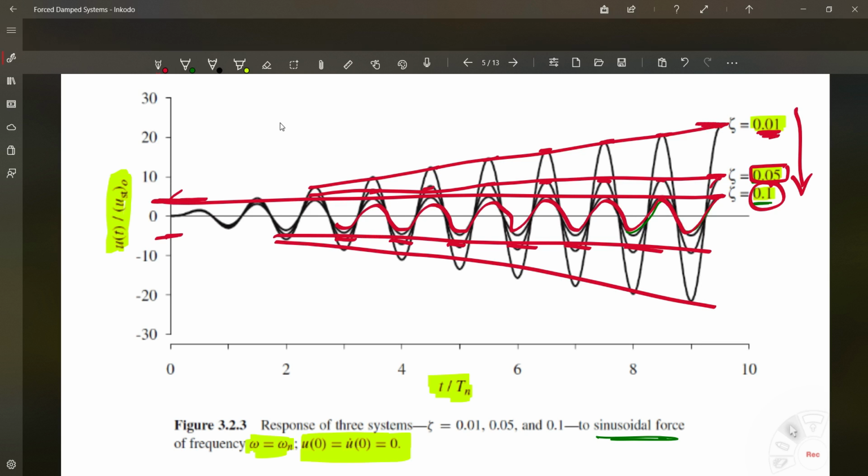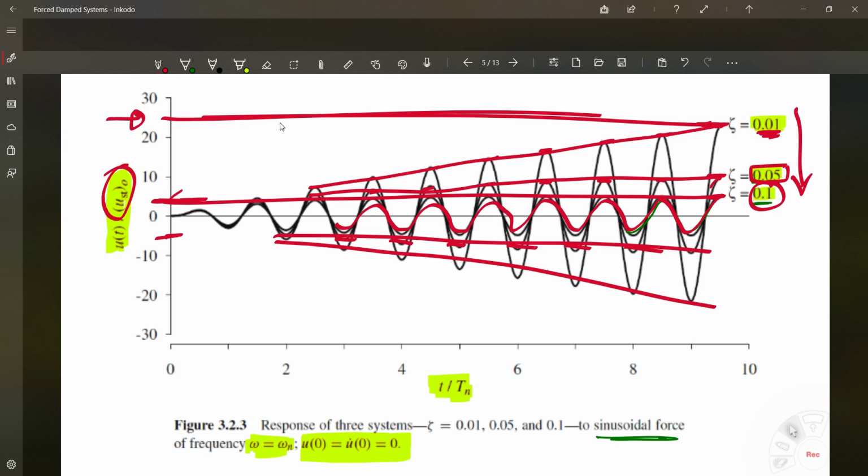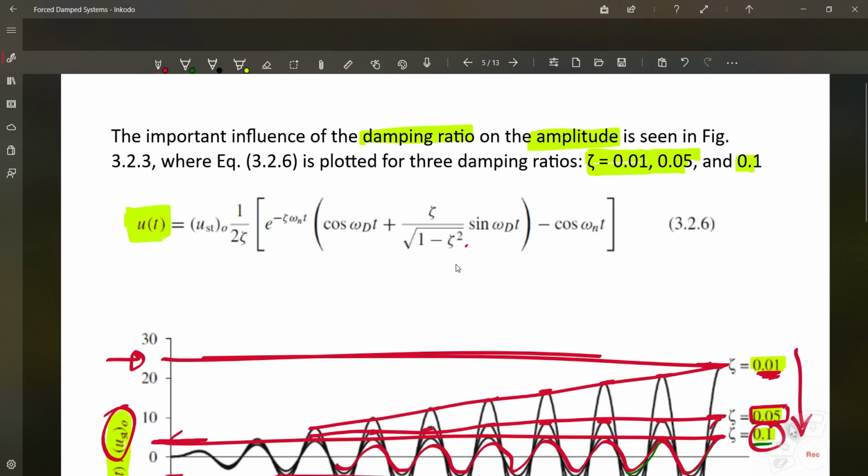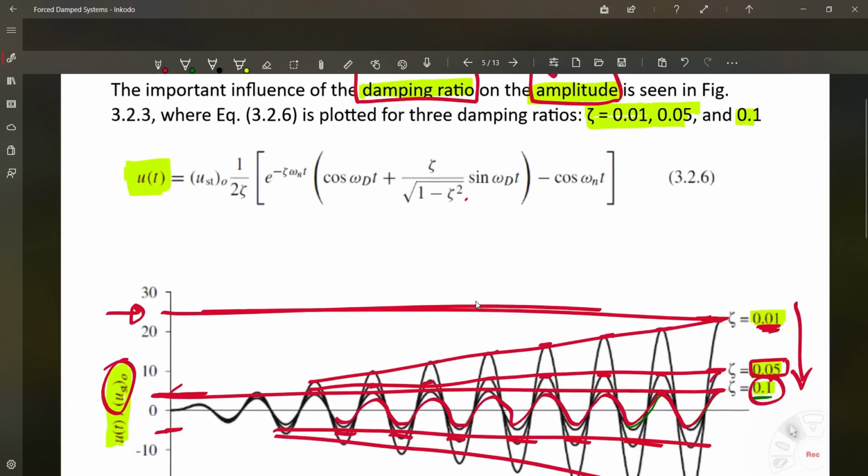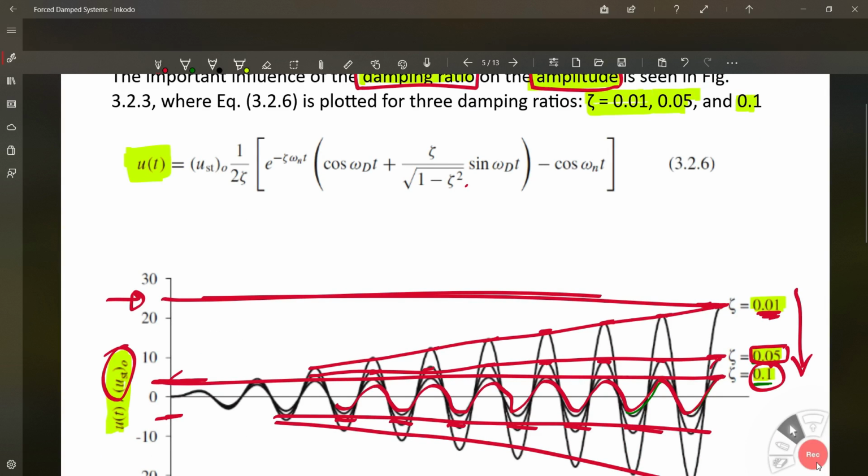But for 0.01, it is something like 25 times. The amplitude due to dynamic amplification is going to be 25 times the static amplitude. So this is a very important example that we need to take into consideration when we talk about the effect of damping ratio on the amplitude.